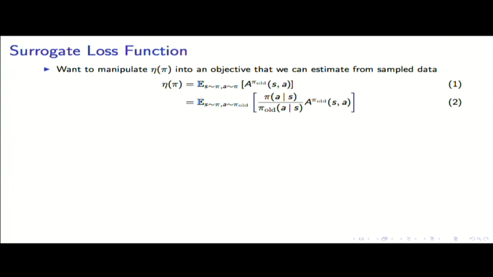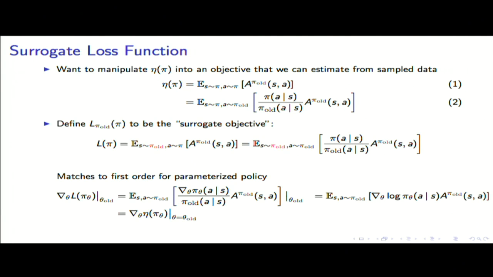So I mean, to estimate an expectation, you have to sample. Since we don't have everything in closed form, the only way we can estimate this expectation is through Monte Carlo sampling. And so we don't have a good route to estimate eta of pi, to optimize over eta of pi. So what we're going to do instead is find a local approximation to eta.